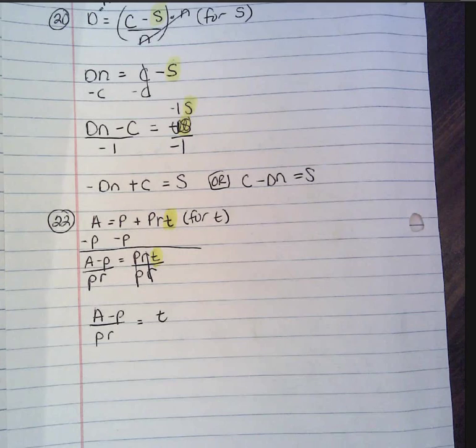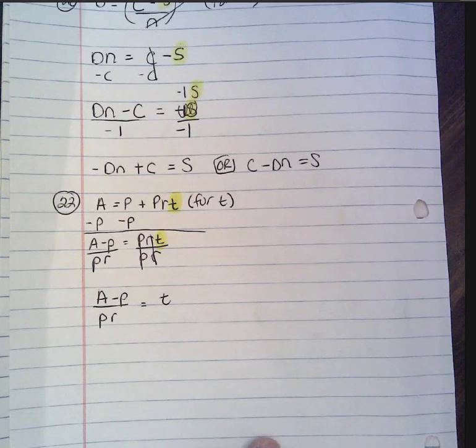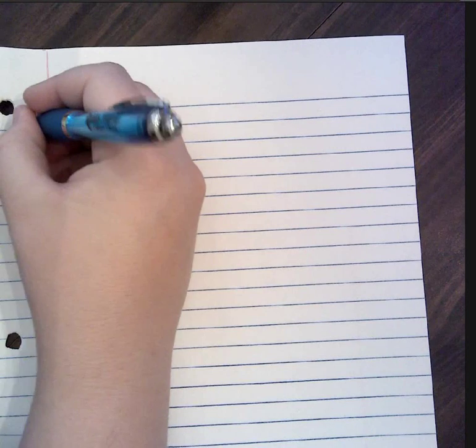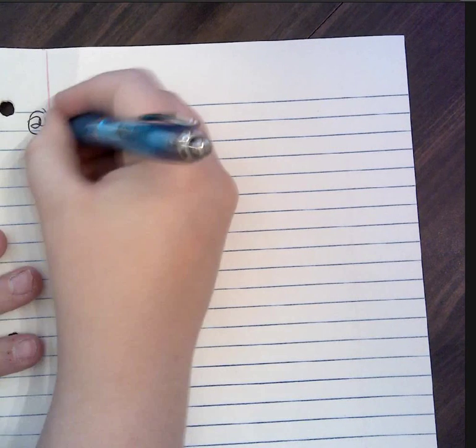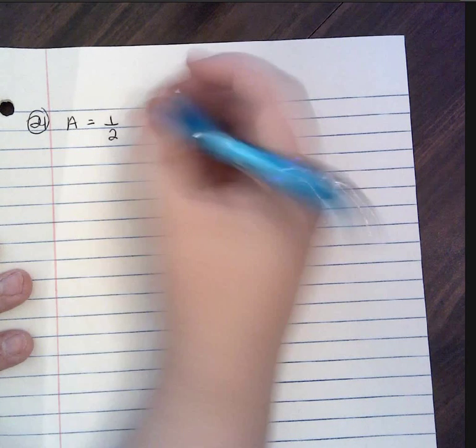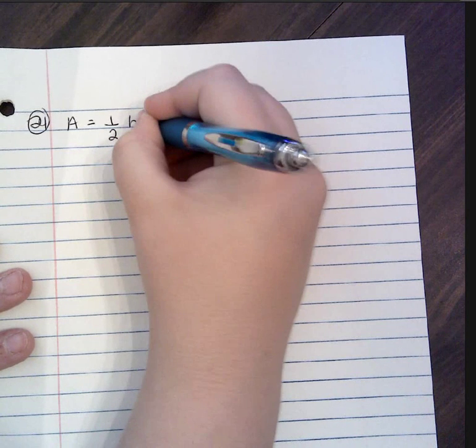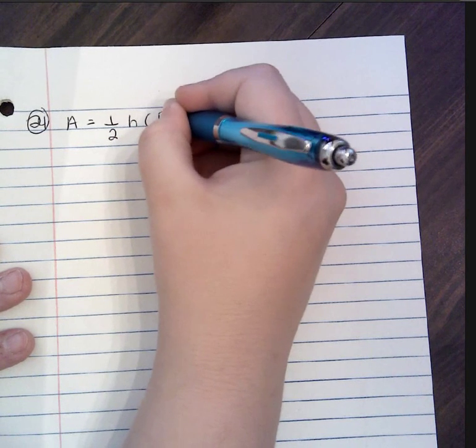All right, so now let's move on to the last problem of this section. And this one is going to be a lot of fun because this one is very fancy. So if I have a equals 1/2 h times b plus b.